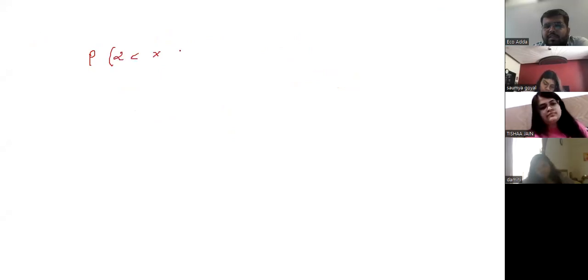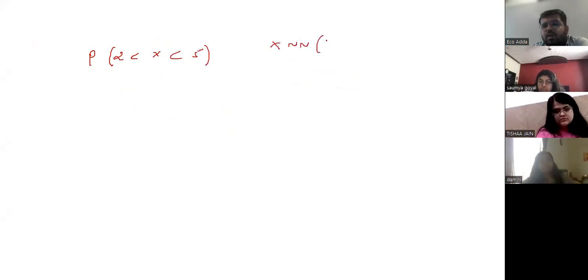So let's say, what is the probability that 2 is less than x is less than 5? In this case, x follows normal distribution with mean 4 and variance 100. First I convert this using x minus mu by sigma. Remember that we are using x, not x bar, therefore not sigma by root n.